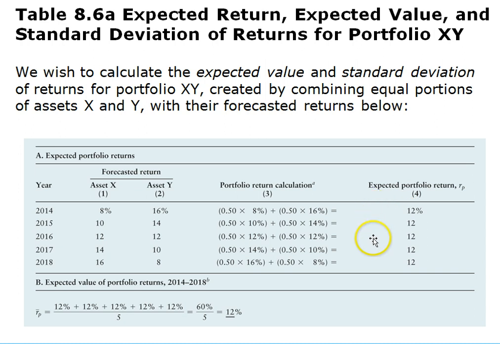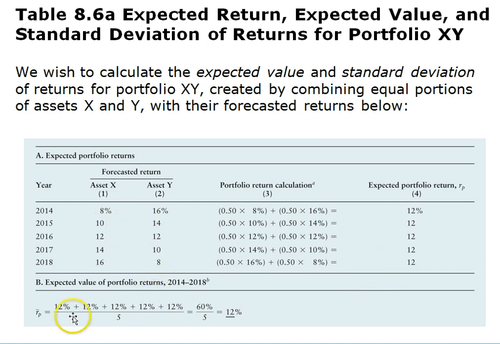Okay, so if we keep calculating, 5 and 7 is 12, here it would be 6 and 6 is 12, here 7 and 5 is 12, and here 8 and 4 is 12. So we have the same expected portfolio return for each year, but different actual forecasted returns.